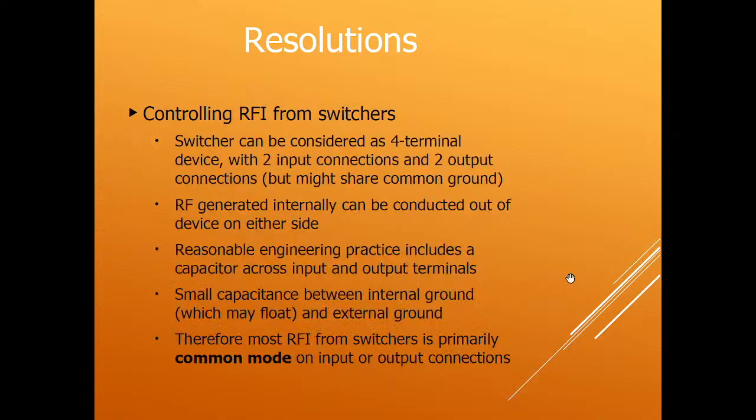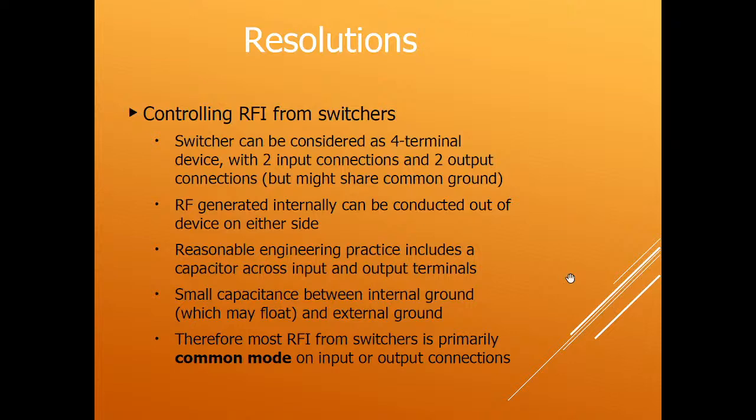So how do you control the RFI that comes out of a switcher? A switcher can be considered as a 4-terminal device with 2 input connections and 2 output connections. And those 2 sets of connections might share a common ground. The RF is generated internally, and it can be conducted out of the device through either the input side or the output side.